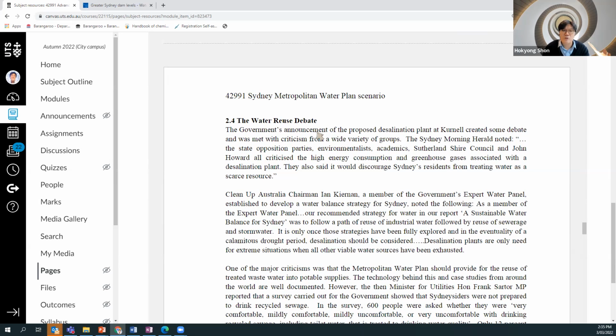People don't want to drink the recycled water because of public perception. Also, they are worried about some of the water quality issues: pathogens, viruses, some of the heavy metals or micropollutants, pharmaceutical compounds.